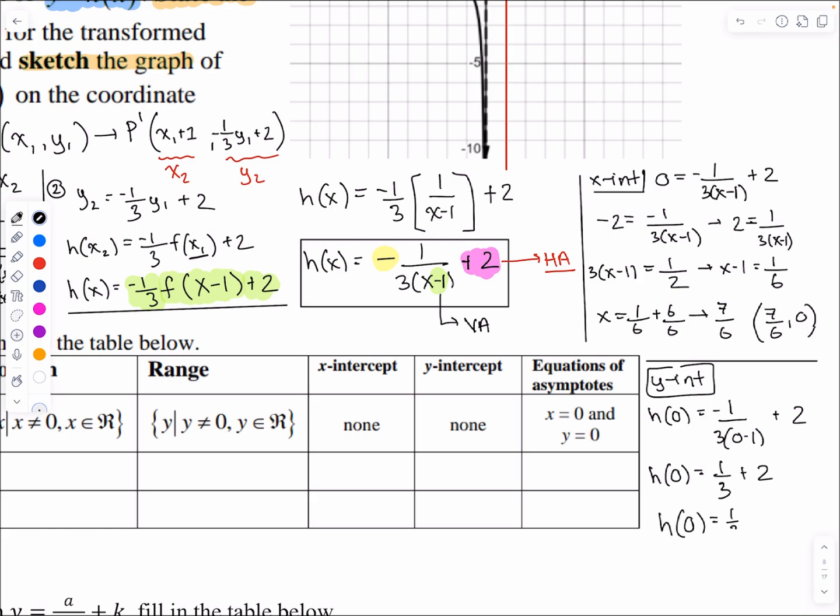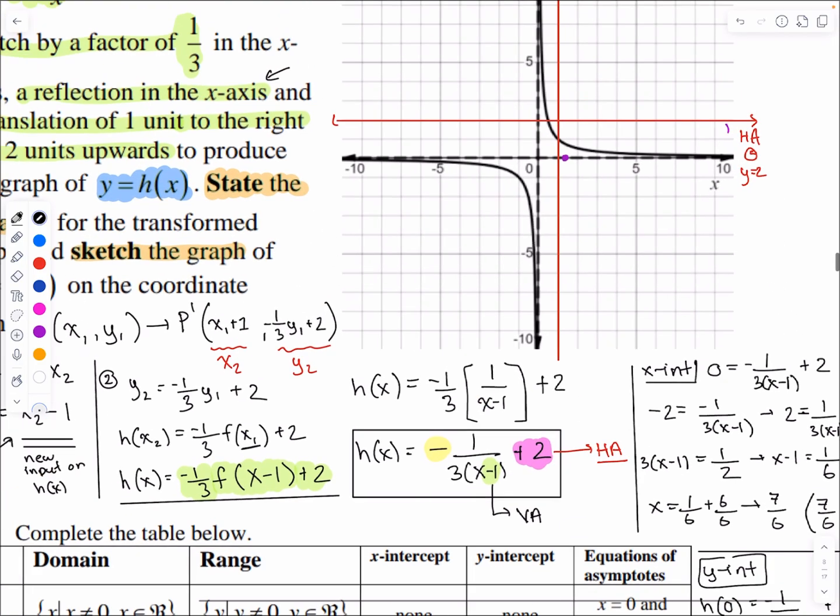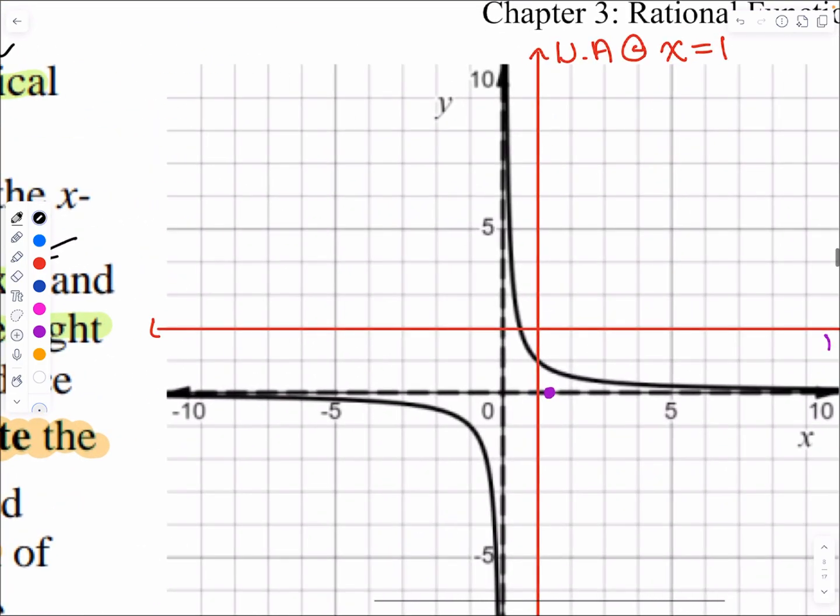That's going to be 1/3 plus 6 over 3, which will be 7 over 3 with an x value of 0. So there is our y-intercept. It's 0 and 2 and 1/3. So let's plot that. So 2 and 1/3, so like right here.